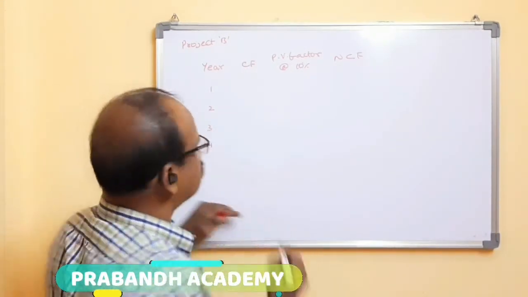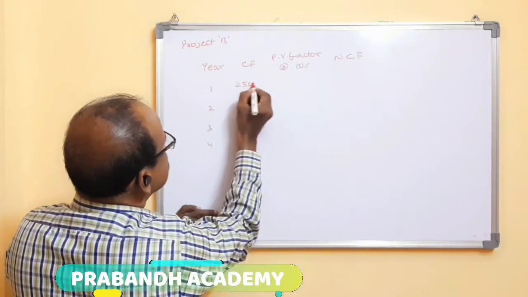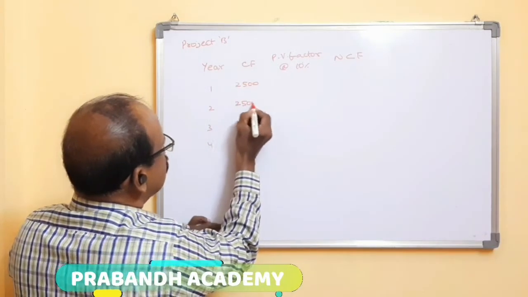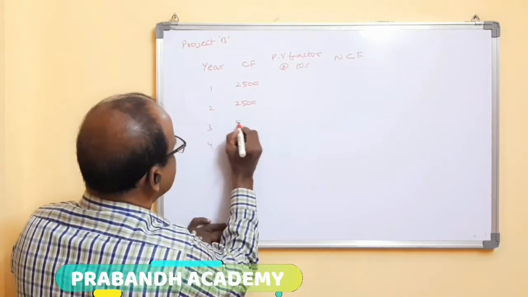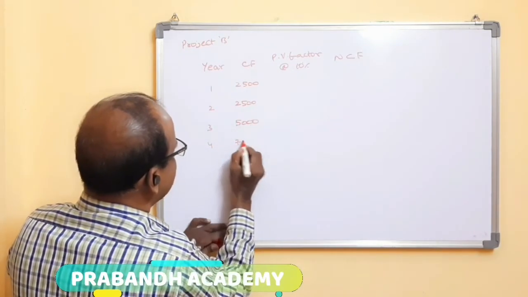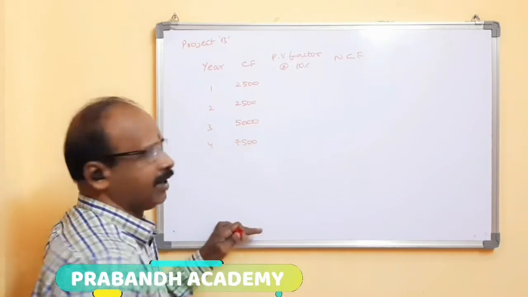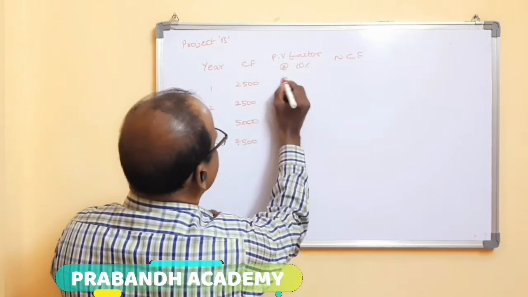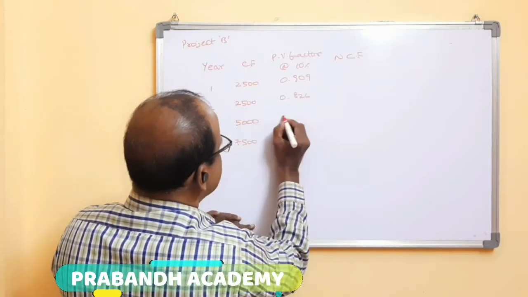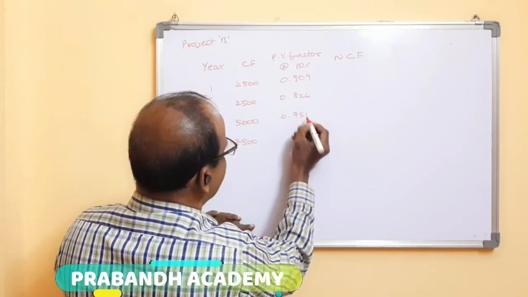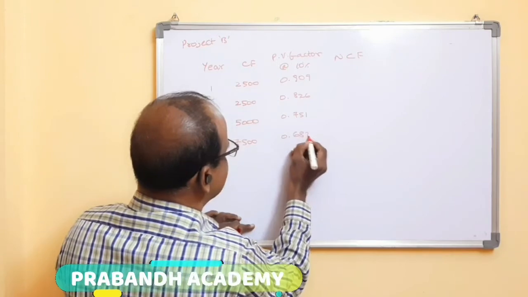First year cash flow 2,500. Second year cash flow 2,500. Third year cash flow 5,000. And fourth year 7,500. Now we calculate PV factor. First year 0.909, 0.826, 0.751, 0.683.